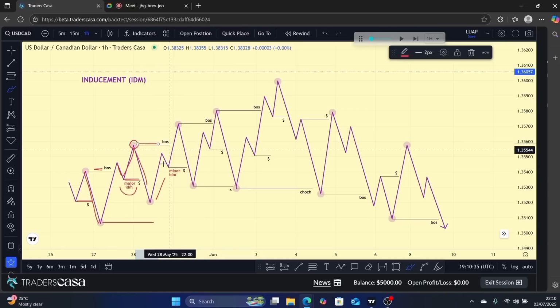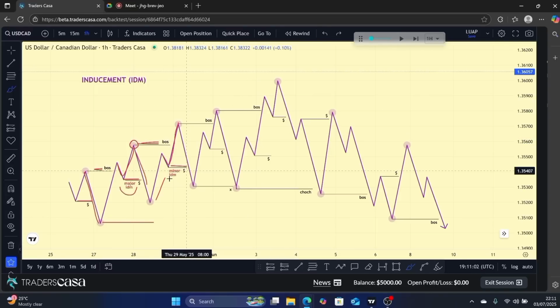All right, then here we can see this here is the recent valid pullback, and the sell side liquidity resting below here is what we call the inducement. Now let's identify, is it a major inducement or a minor inducement? Like I said, if it's formed before the break of structure, and you can clearly see that's the break of structure, and this pullback is formed before the break of structure, that's the reason why right here I marked it as minor inducement.